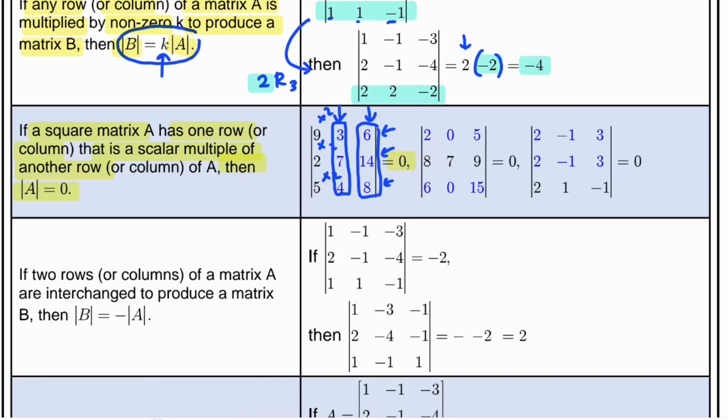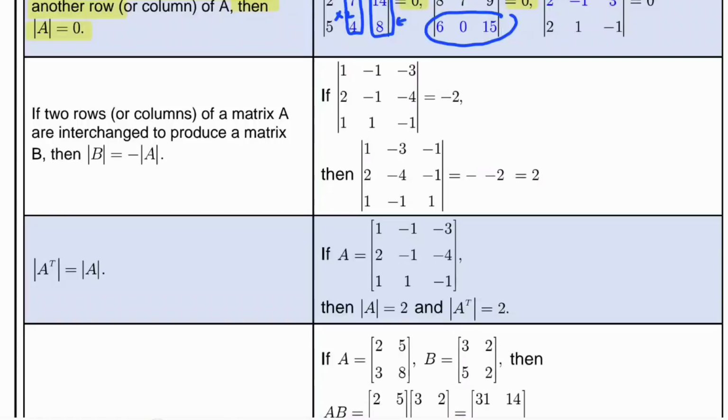Okay, for the next example, you can see here the first row and the third row are scalar multiples of one another. So the determinant itself equals 0. Right?